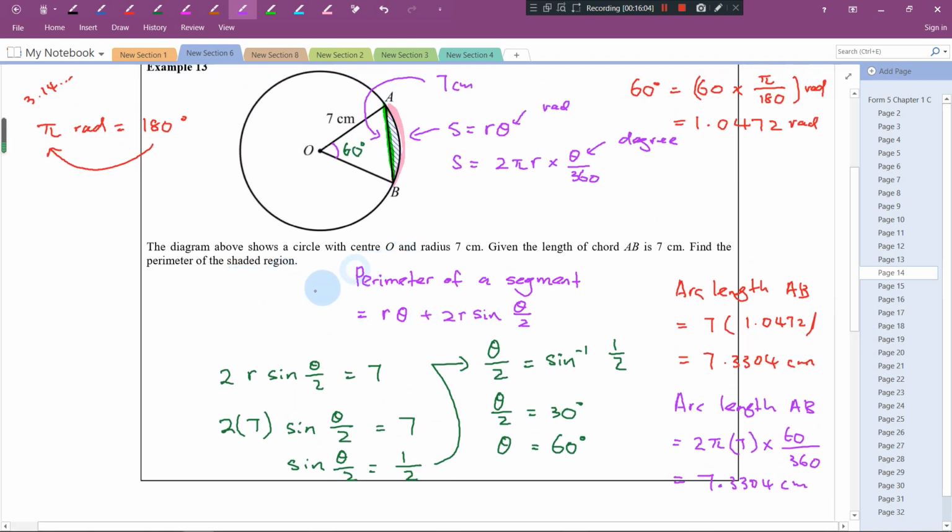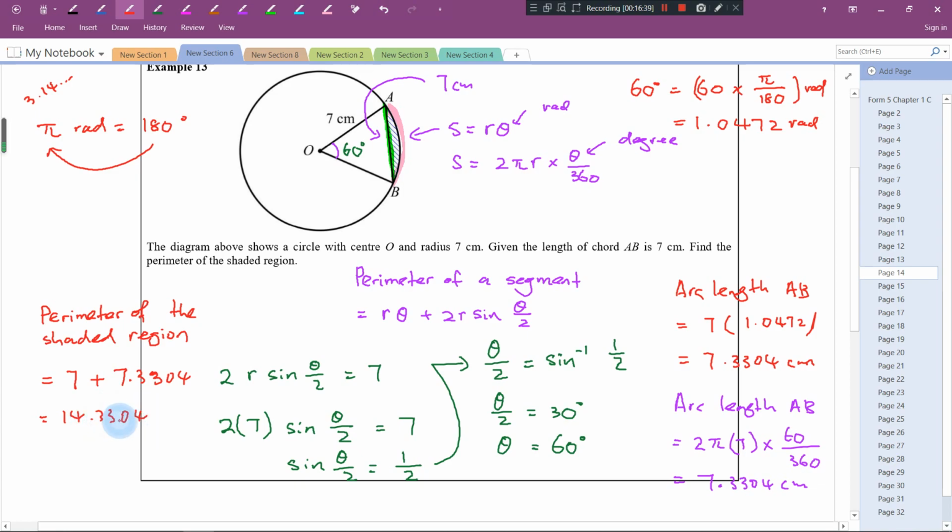Okay, let me write over here. The perimeter of the shaded region is this chord length, which is equal to 7 cm given by the question, plus the arc length AB, which is 7.3304, giving 14.3304.